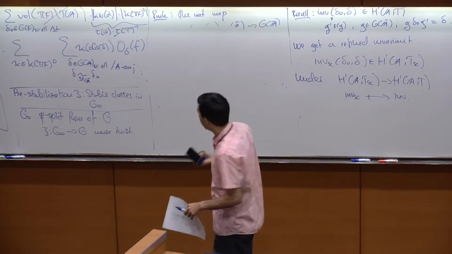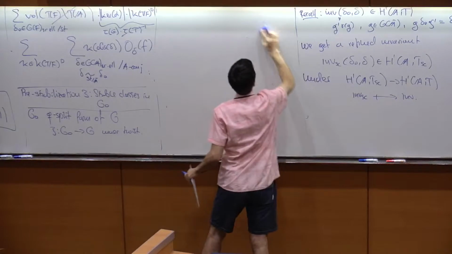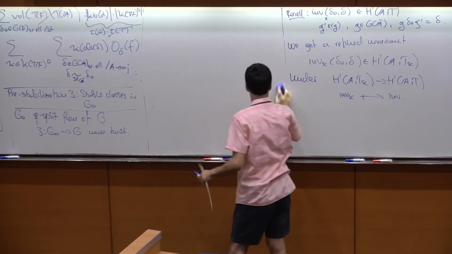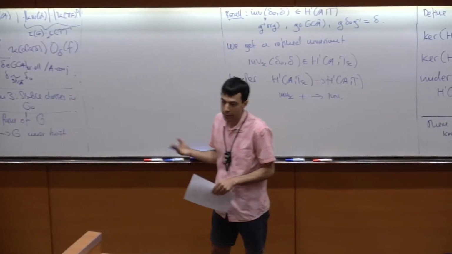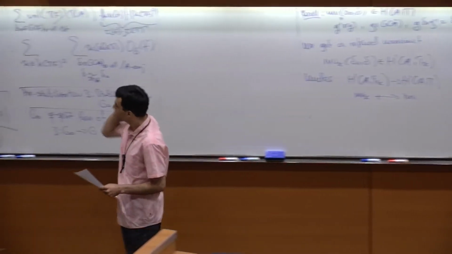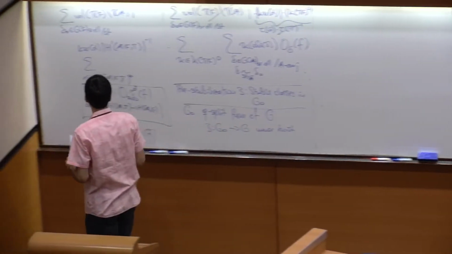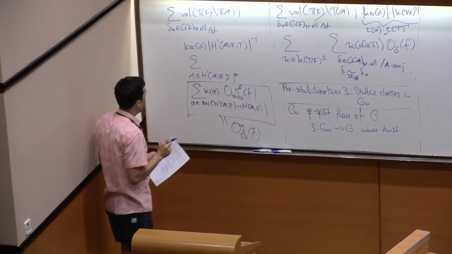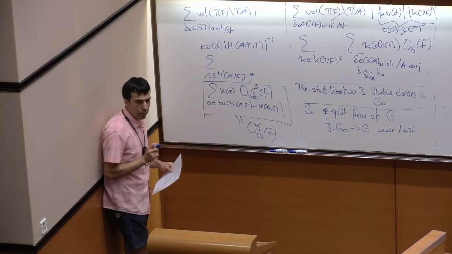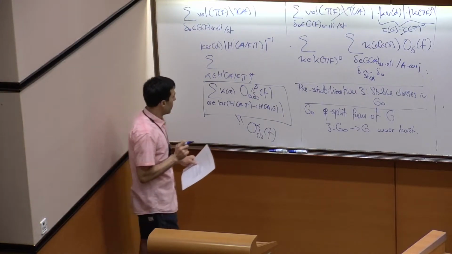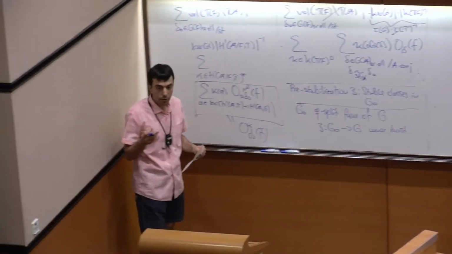Yes, I'm using the Tamagawa measure for any global group I have. Is that true, or is that true up to some constant? I'm not sure. I'm only asserting it here, but it's a simple thing to check, but I don't know it off the top of my head.